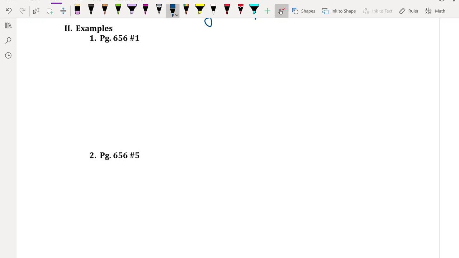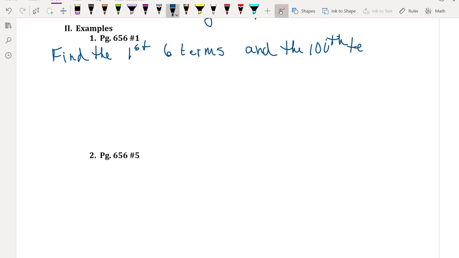So we are to find the first 6 terms and the 100th term. And the formula we're given is a sub n equals n plus 1 over n.